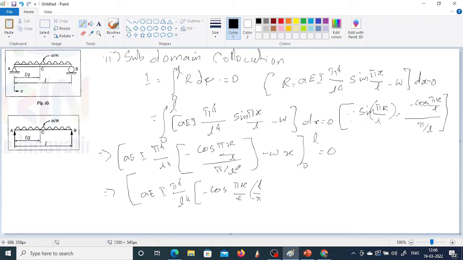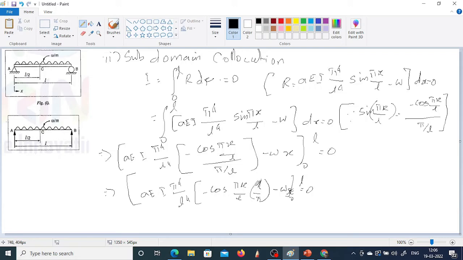I take the reciprocal, so L by pi minus W x, which has the limits of 0 to L, is equal to 0. Now I may move to the next step. Here you see L is available. What happens here?